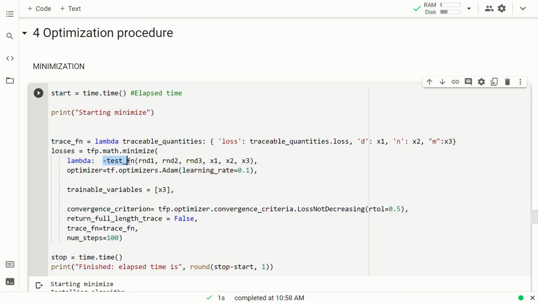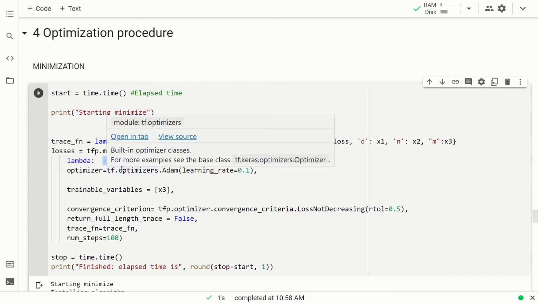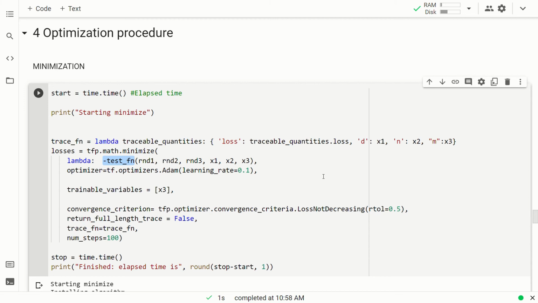So if you remember, the test function gives me the total return of my trading activity. So I will have minus the total return, I will minimize it, and so I will maximize the total return.